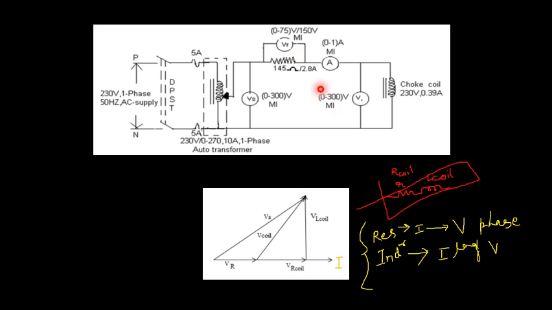Even the ratings you can see over here, the voltage rating is quite small compared with the choke coil voltage rating. It is showing me the range from 0 to 300 volts, while this is just 75 or 150 volts. So that particular value is slightly more, so you are getting it greater than the value of VR.